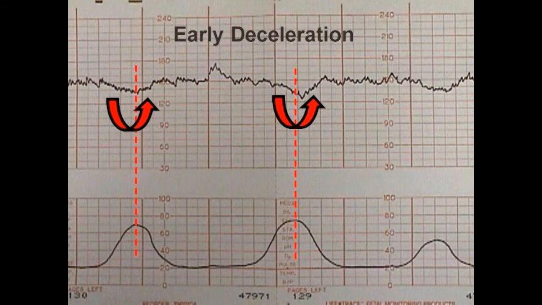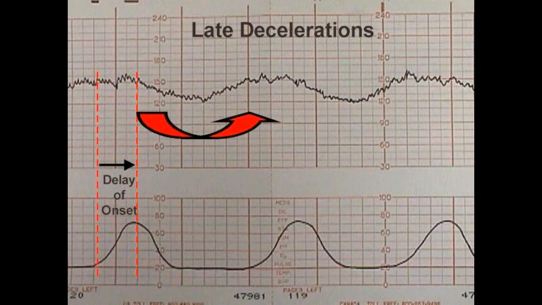That's absolutely normal. If there was a good, bad, and worse, this would be the good one. This is very normal in those later stages of labor where the baby's head is located in that birth canal and it's getting compressed during these contractions. That's normal, nothing to be concerned about.